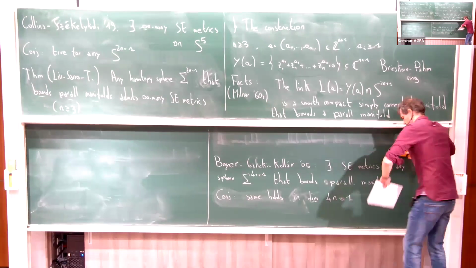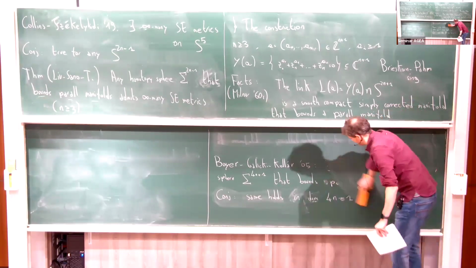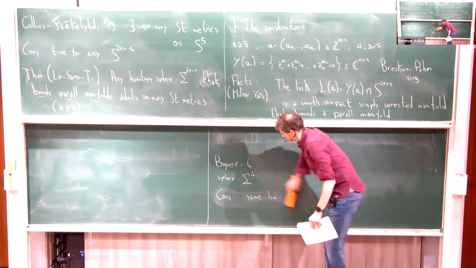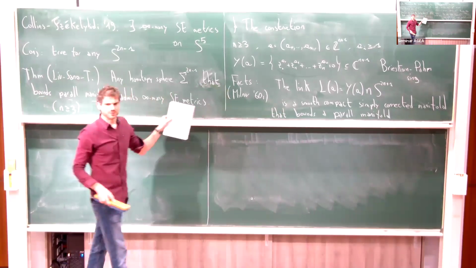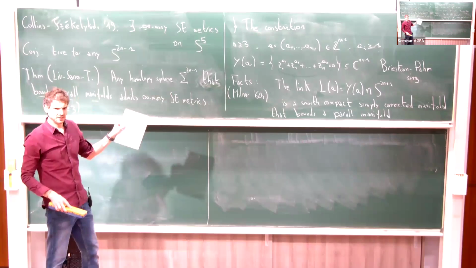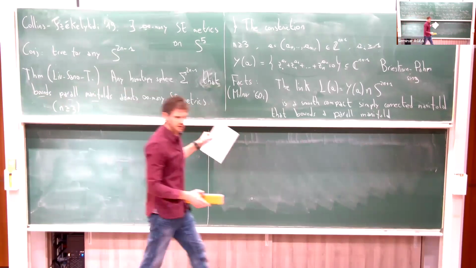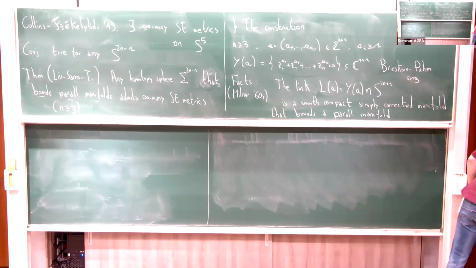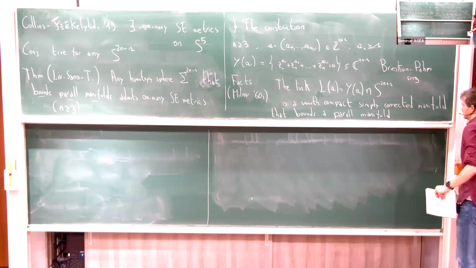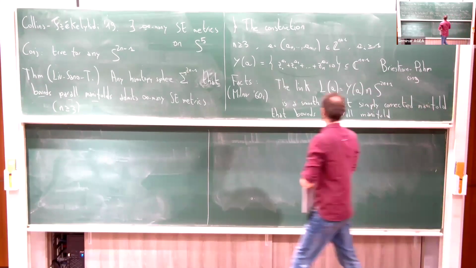And I will actually show you later that in this way you can construct all possible homotopy spheres that bound parallelizable manifolds. In particular, all the exotic spheres with the condition that they bound a parallelizable manifold.